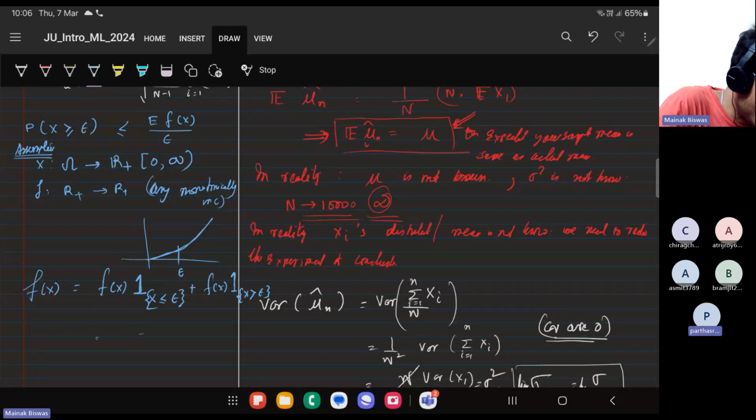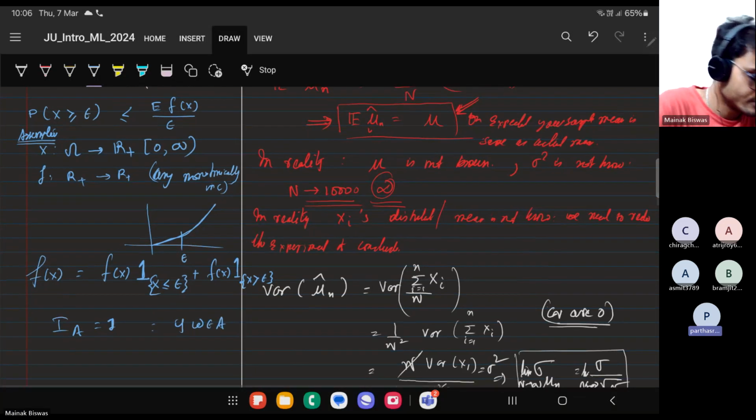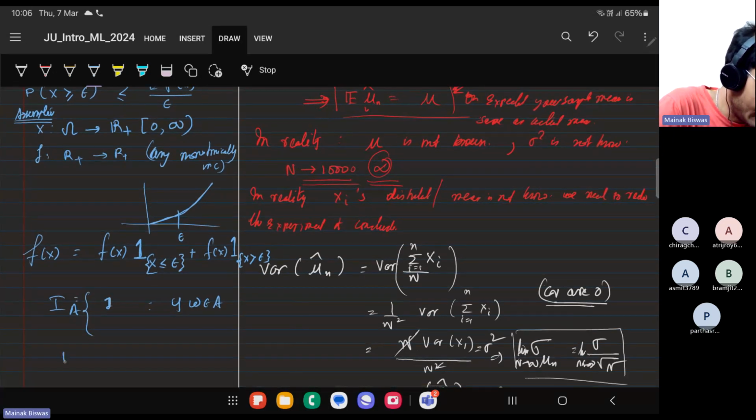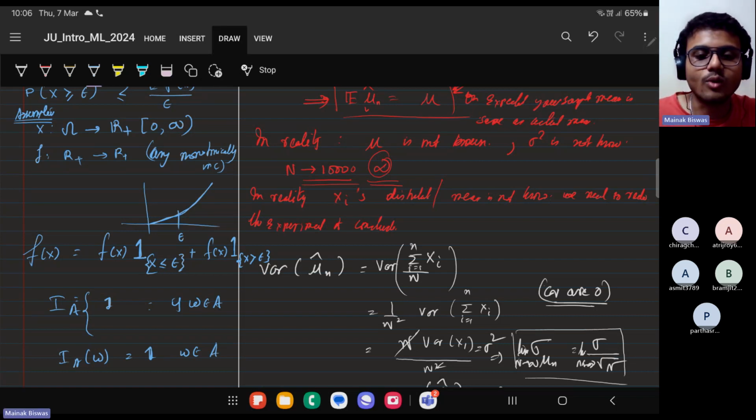What is an indicator? I told you, the indicator of an event equals 1 if the outcome omega belongs to A. So the indicator random variable equals 1 if the outcome belongs to our required set.